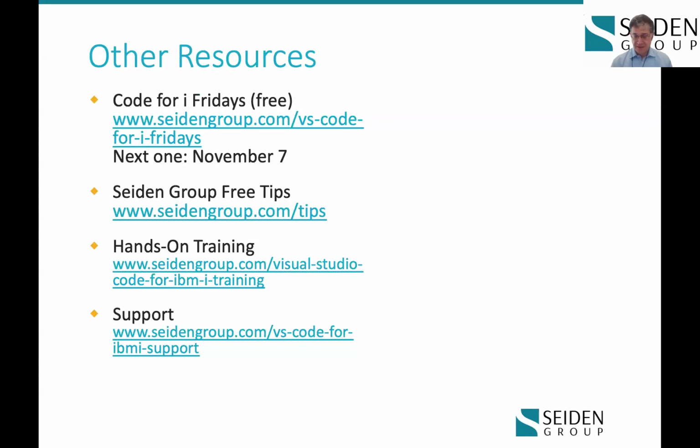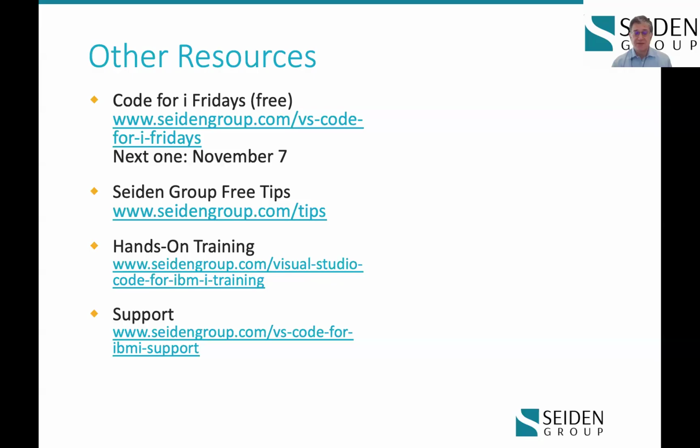Some other resources, and then we'll get into examples that I'm going to show you. If you don't know, we, Seiden Group, do a free meeting just about every other Friday, called Code for i Fridays. It's done through Zoom, 2:30 p.m. Eastern Time. We've had over 50 of these meetings, and I think we had 87 attendees the last time.